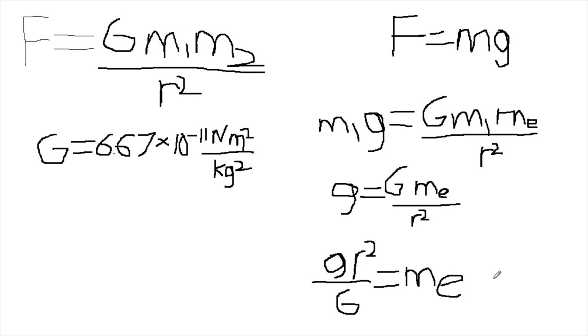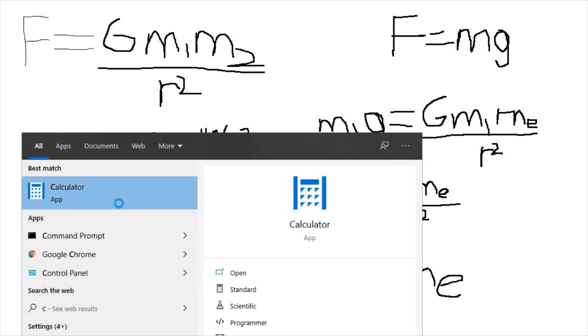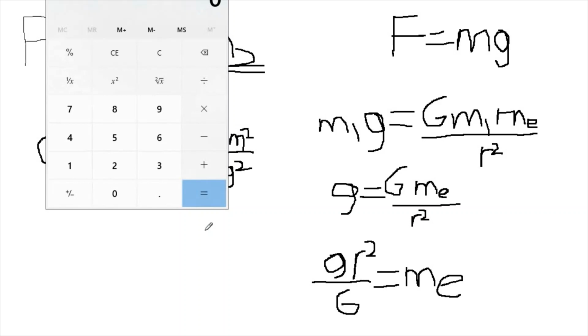So let's get out our calculators. And also, I forgot to mention that the distance between the surface of the Earth and the center of the Earth is 6.38 times 10 to the power of 6 meters.